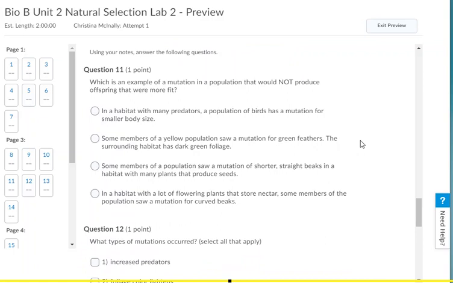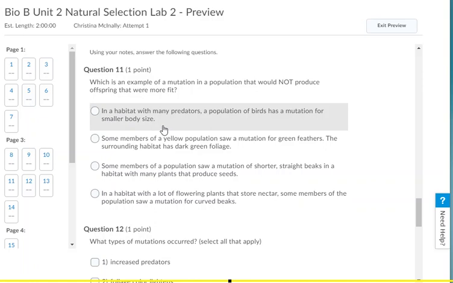So what kind of body size do predators prefer? Smaller. Would that be a beneficial mutation that would allow more offspring to be made? The mutation is for a smaller body size, but there are a lot of predators. So the ones with smaller body size are going to be eaten first. So that is not going to make more offspring.